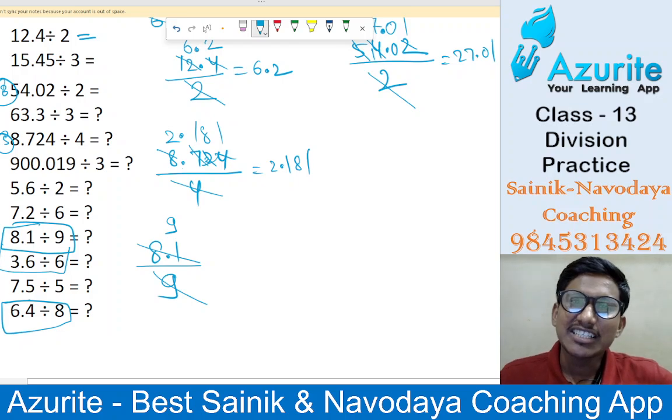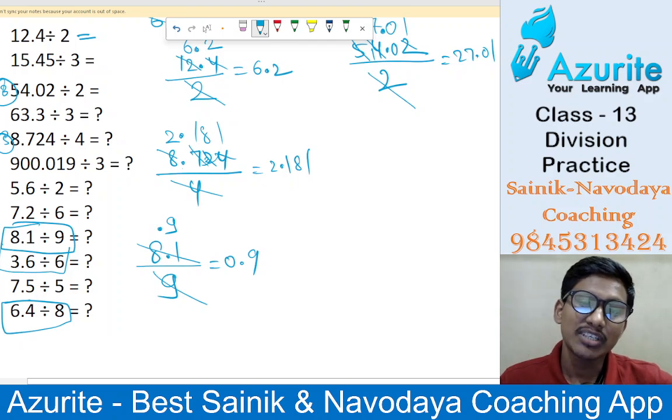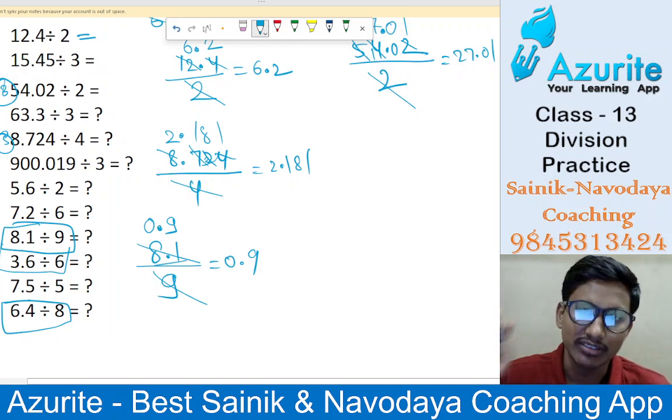But it is already smaller, so we have to give a point before 9 only. So the answer will be 0.9. 8 is smaller, we have to give 0. So we can take the next digit, which means 81. So 9 nines are 81. Understood? So I will explain once again.